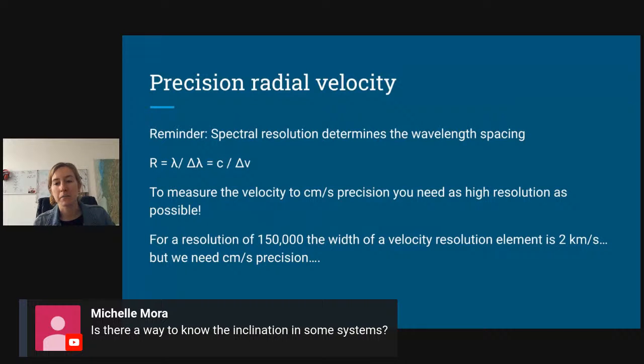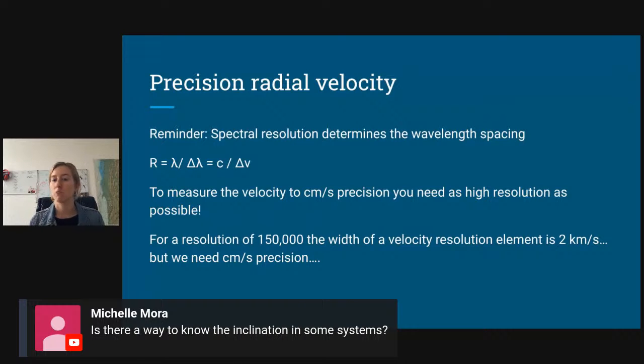Sometimes, in some cases, we can figure out the inclination if we have a giant planet, and we can detect the giant planet in other ways. I'll go into how we can directly detect the planets in other ways. But for non-giant planets that are not in transiting systems, it's really difficult to know the inclination, so to know the true mass.